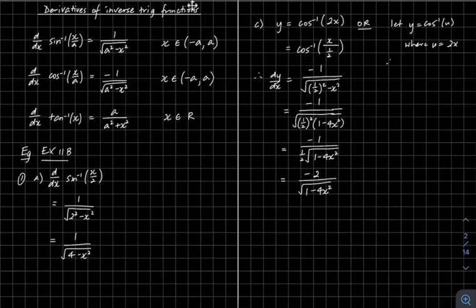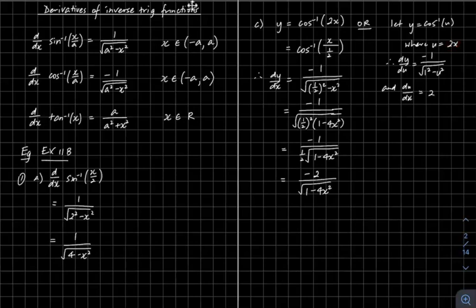So therefore, dy du would be, well, applying the rule to inverse cos of u, it would be -1 over the square root of, well, u is really u over 1, so our a value would be 1, so 1 squared minus u squared, and du dx would be the derivative of 2x, which is just going to be 2, isn't it?